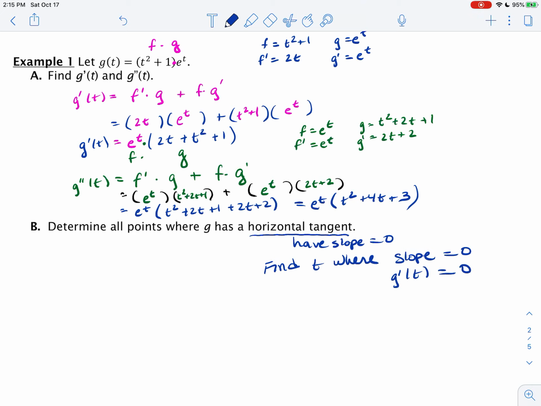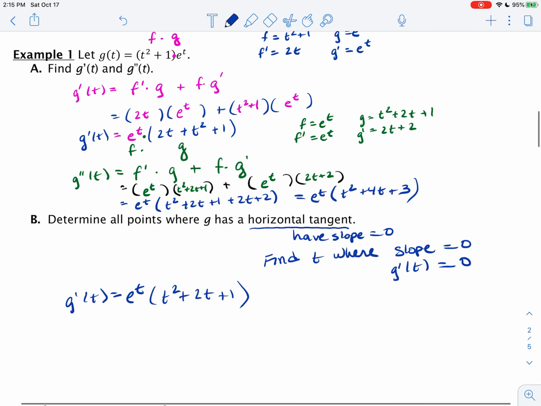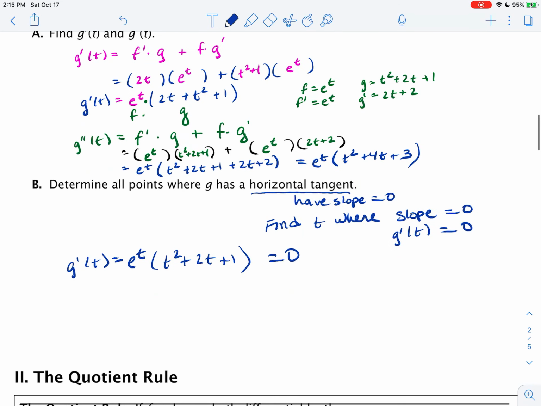Good. And we have from above that our g prime of t is equal to e to the t times t squared plus 2t plus 1. And when does that equal 0? When we have the zero factor property.